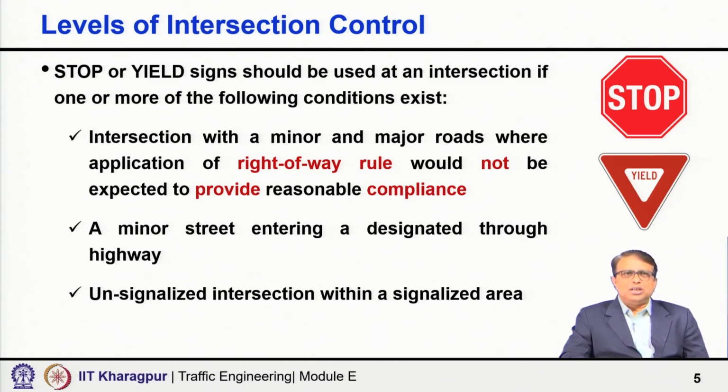Similar kind of operation, that it is a minor street entering a designated through highway, or an unsignalized intersection within a signalized area. That means, generally in the whole area the traffic is controlled by signalized intersections, but there may be an intersection in between which is unsignalized, and some of the movements are given higher priority over others using either stop sign or yield sign.